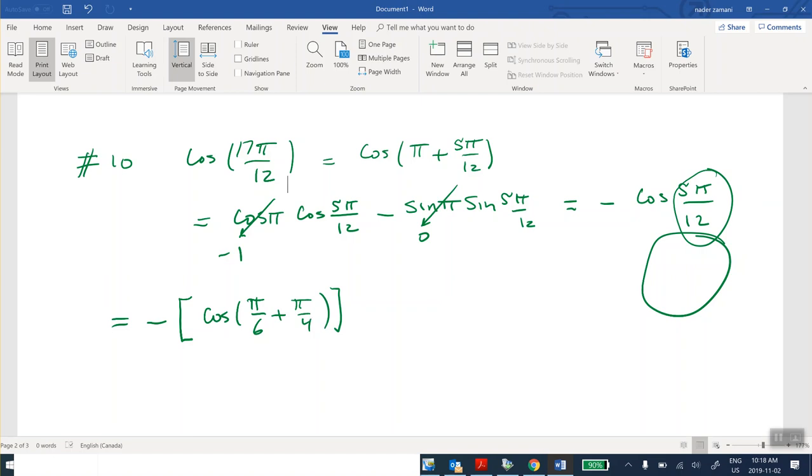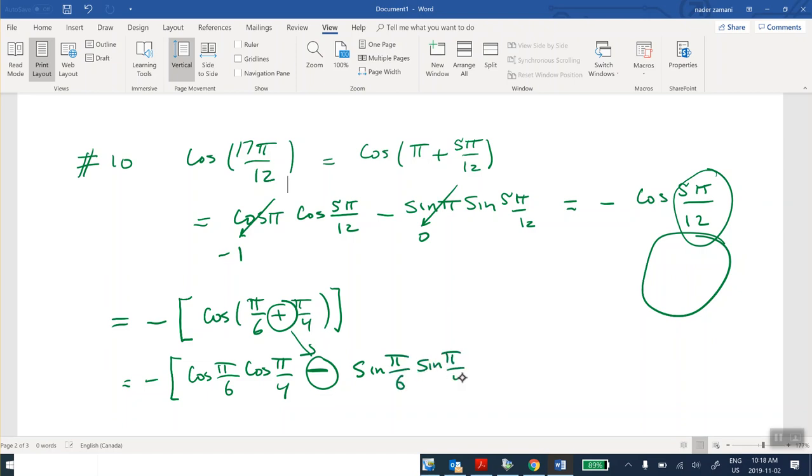So now we have negative cosine of pi over 6, cosine of pi over 4, minus, remember, when this is a plus, for cosine, this becomes a minus. See that? Sine of pi over 6, sine of pi over 4.